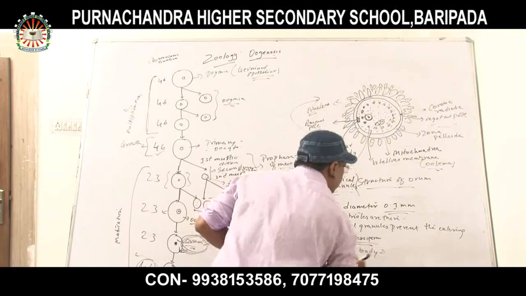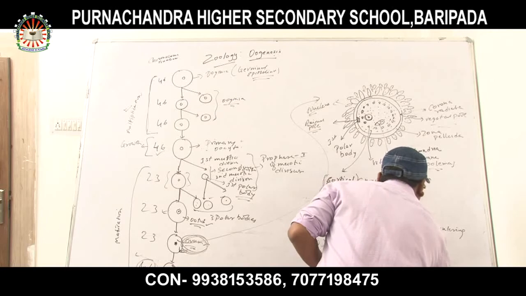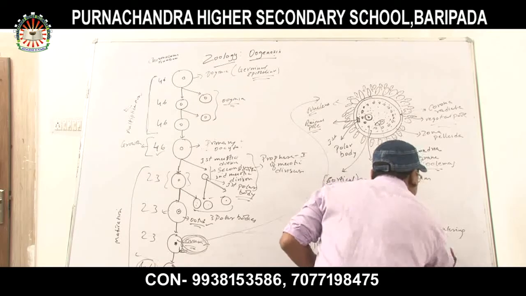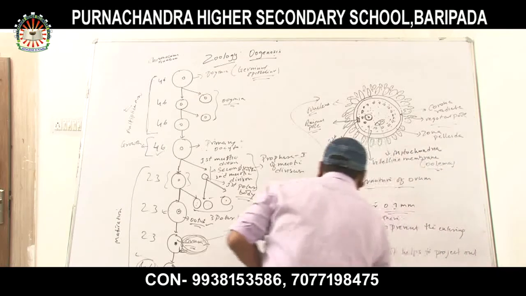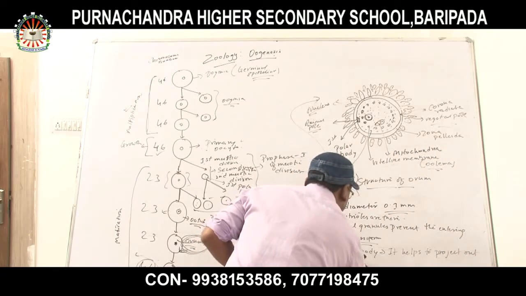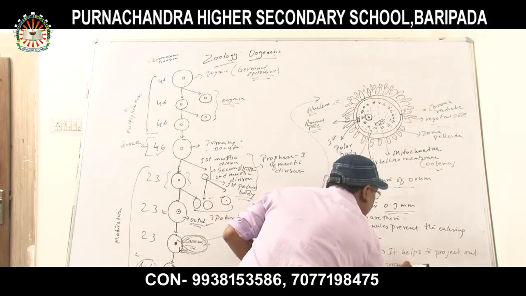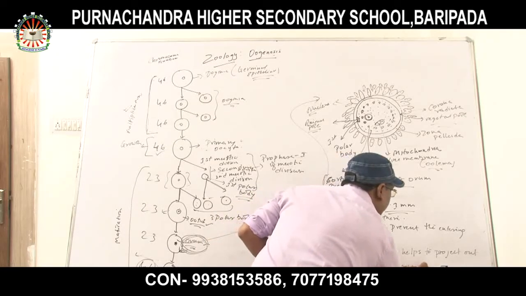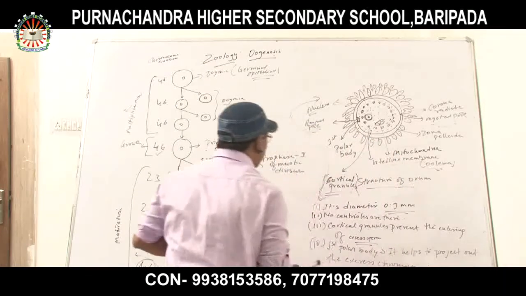Functions of the first polar body: it helps to project out the excess chromosomes in the ovum.